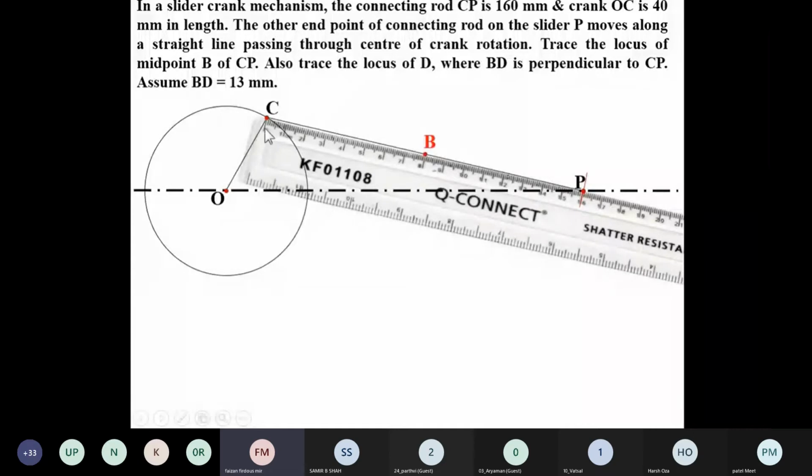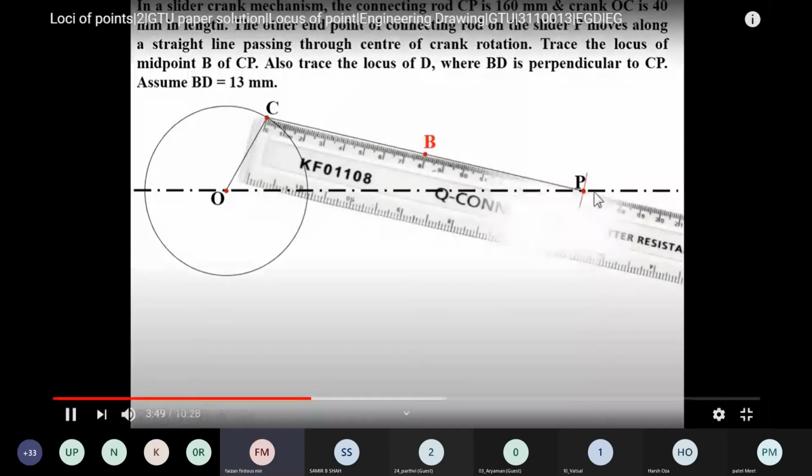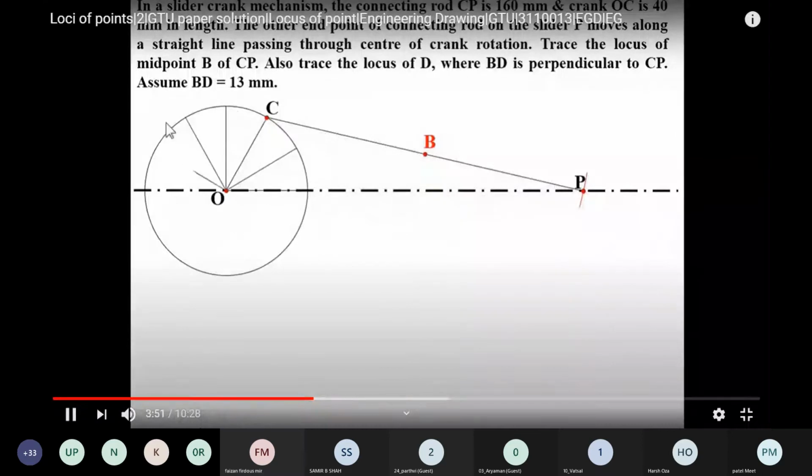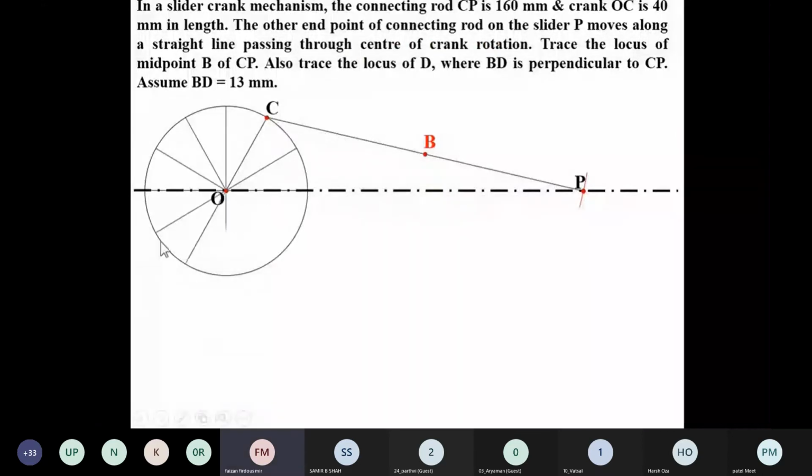Now we consider the midpoint. We know that it is 160, so it is the midpoint of that. So CB is equal to BP is equal to 80 mm. Now divide the whole into equal parts, and it may start with C1, C2, C3, C4, C5, C6, C7, C8, C9, C10.